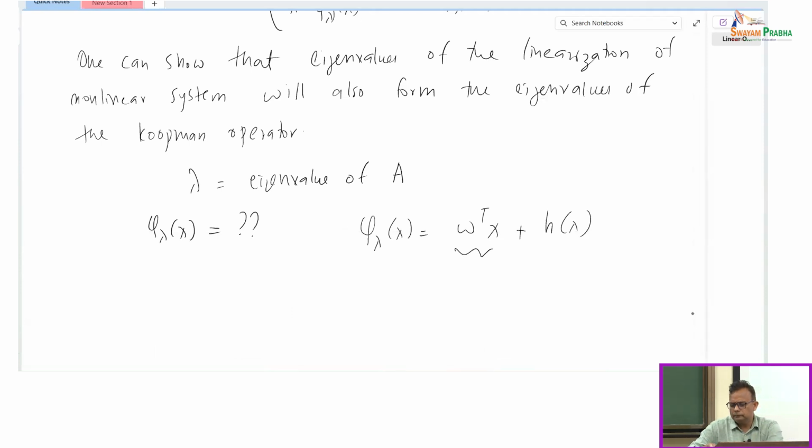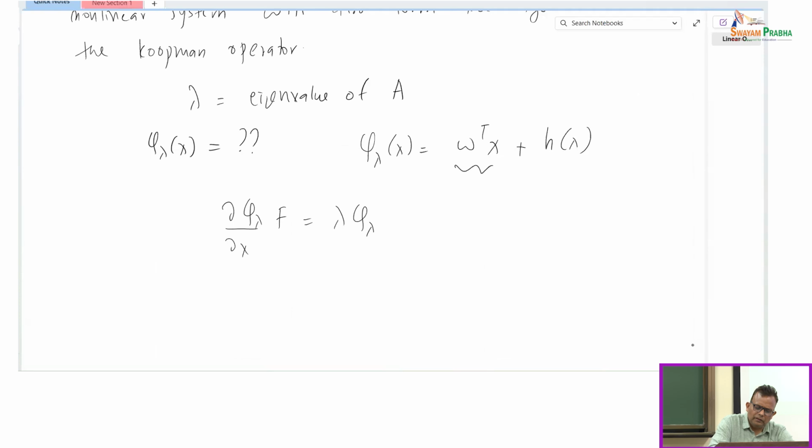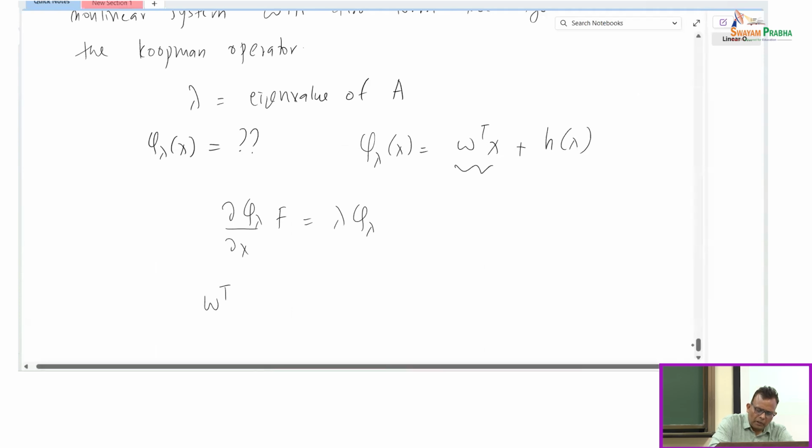Now you plug this expression into this formula and see what happens. You get W transpose.